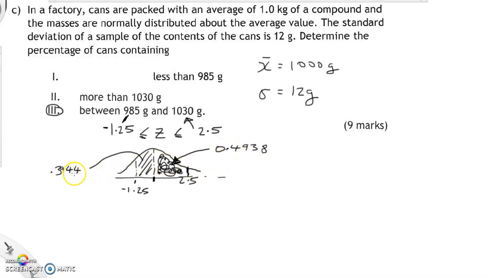Right, so we add these two areas together. 0.3944 plus 0.4938.